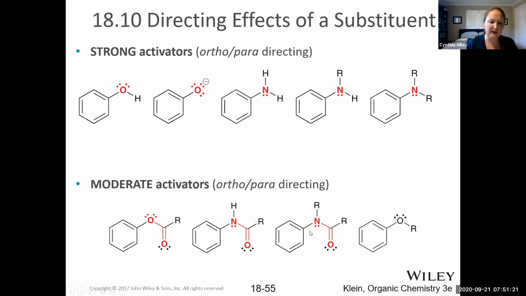So they still donate electron density into the ring, but again, some of that electron density is up here on this oxygen, so it doesn't donate as effectively. The methoxy or ethoxy group is actually in the moderate category compared to a hydroxy group of phenol. And I don't get into this extremely strongly, but we'll talk about it a little bit in the lab.